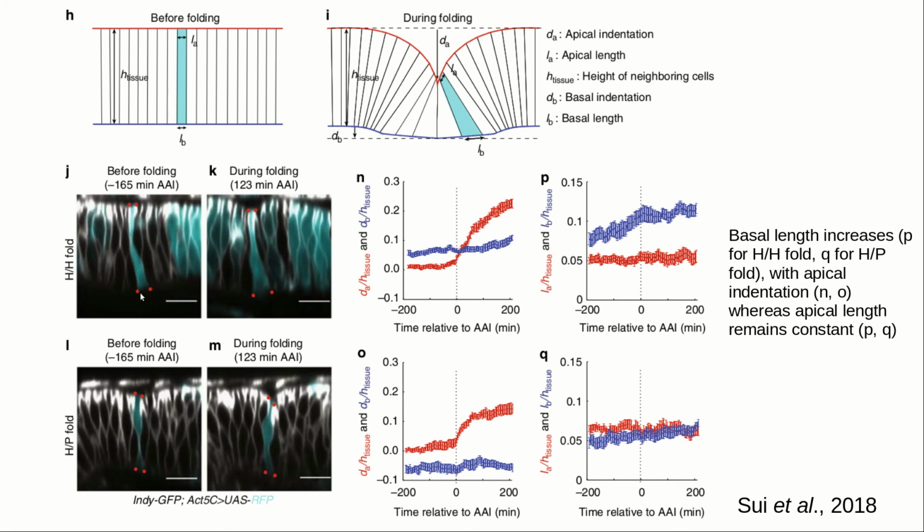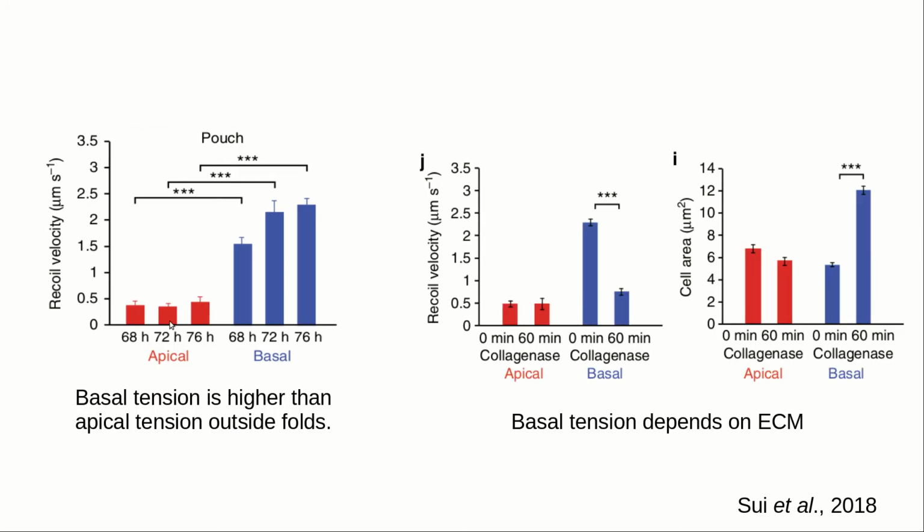Here you can see the basal length before folding and after folding, where cells are wider in their bases, and this does not happen in the hinge pouch region. Okay, so focusing first on the hinge fold, we can wonder why this happens, why these changes in the cell basal length take place.